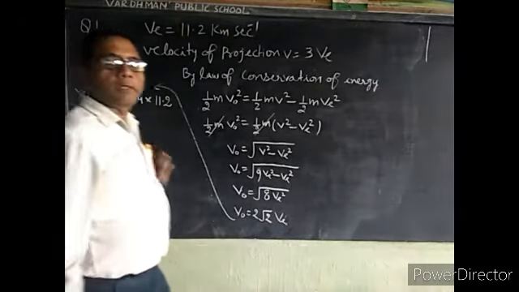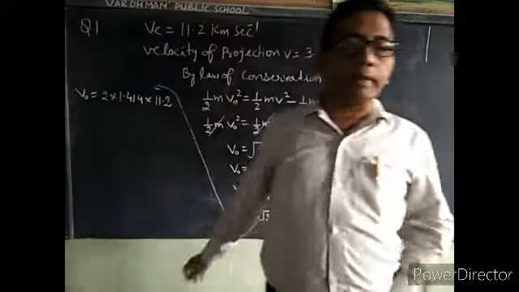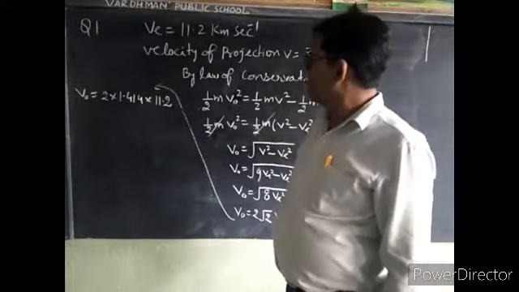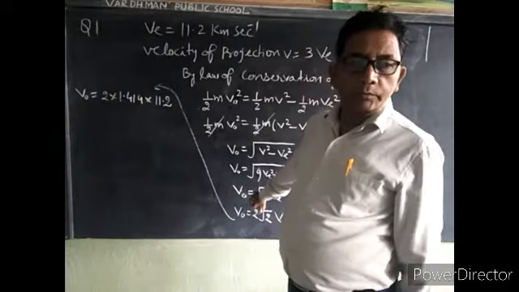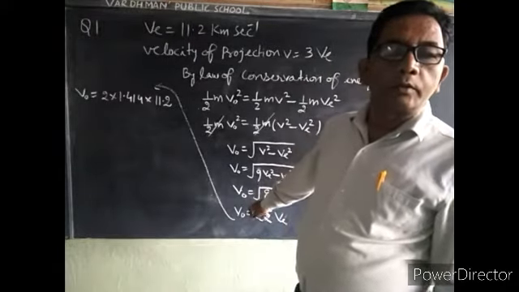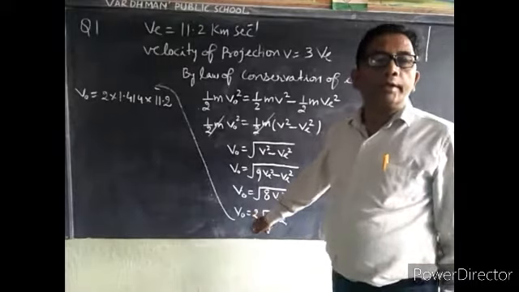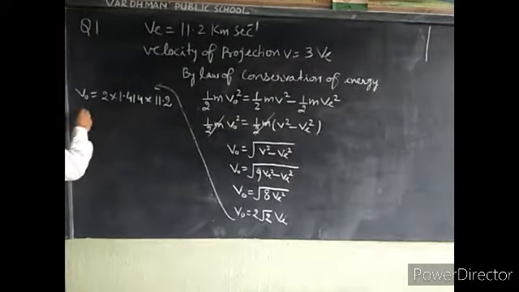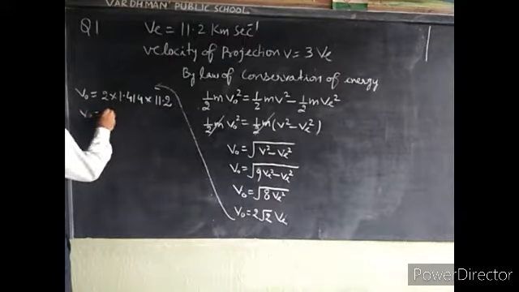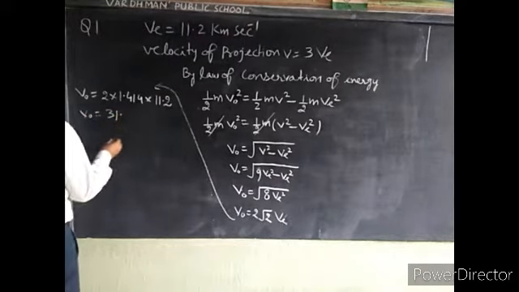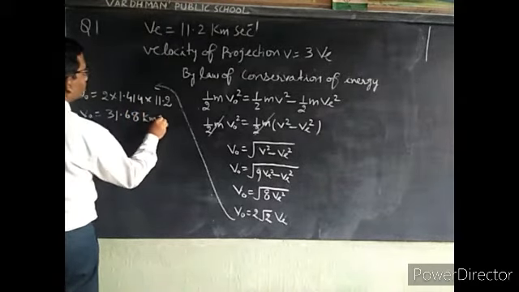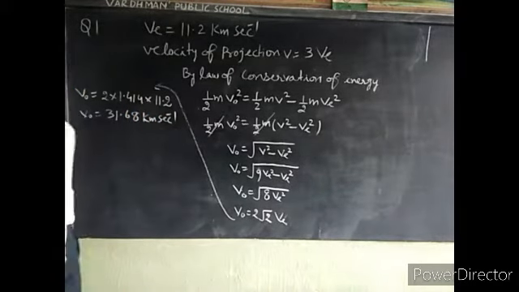When we multiply, we get vo equal to 31.68 kilometer per second.